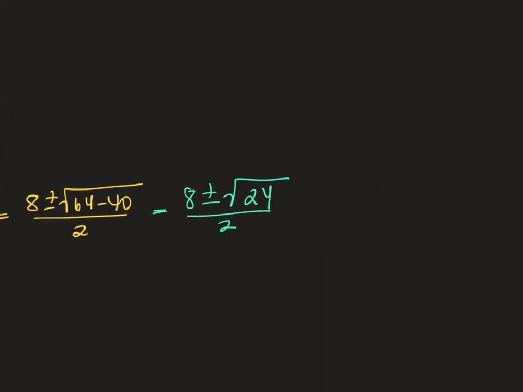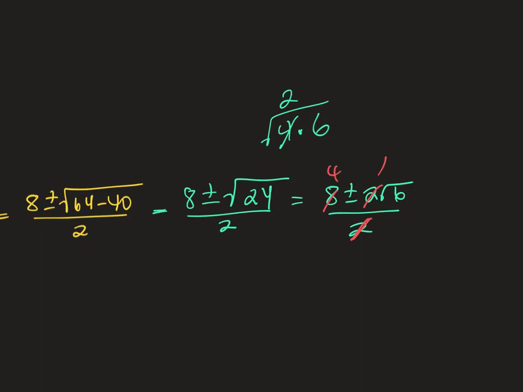Now we simplify further: 64 minus 40 is 24 over 2. And again, let's think about 24. We can break that up into 4 times 6. So the square root of 4 is 2. So I have negative 8 plus or minus 2 root 6 over 2. 2 goes into 2 once, 2 goes into 8 4 times. So you have x equals negative 4 plus or minus root 6.